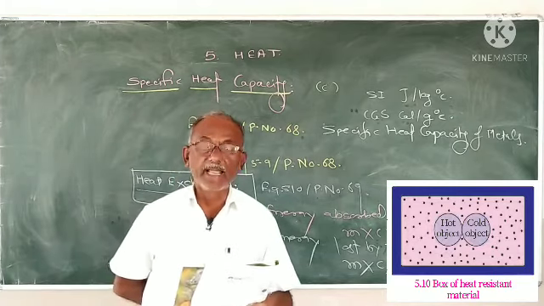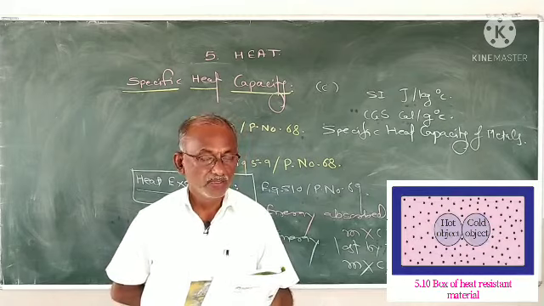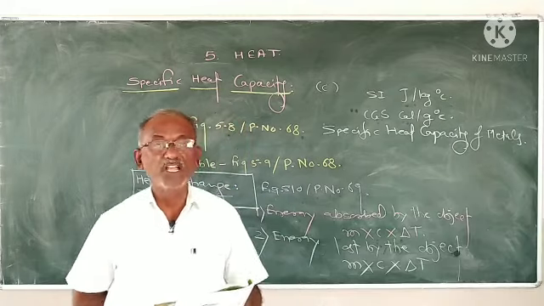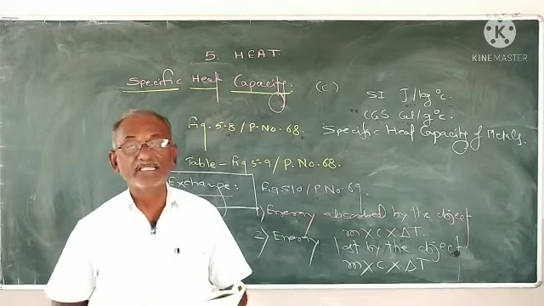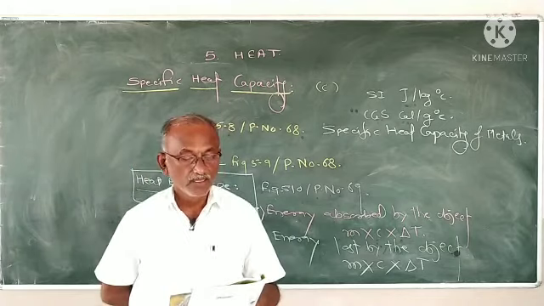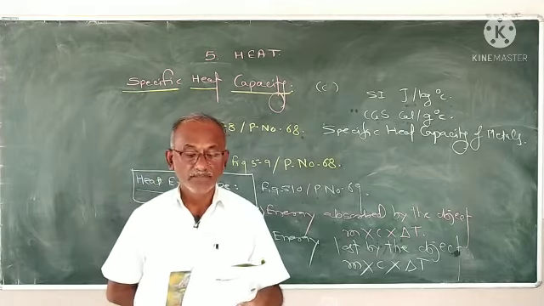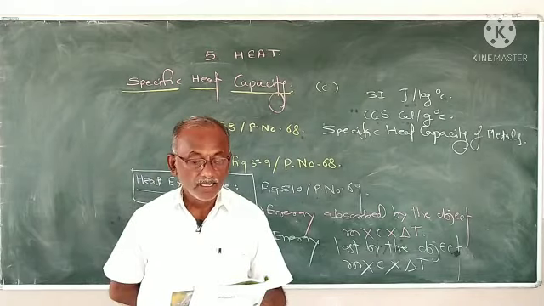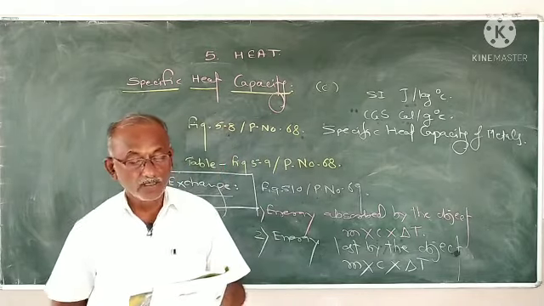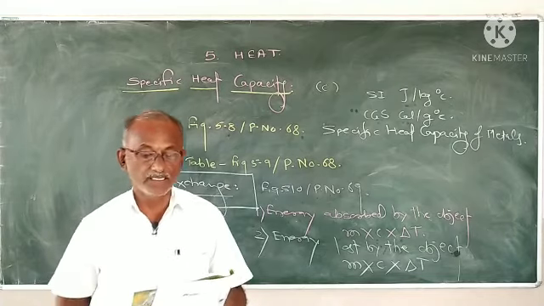The change in temperature continues till the temperature of both objects attains the same value. In this process, the cold object gains heat energy and the hot object loses heat energy.